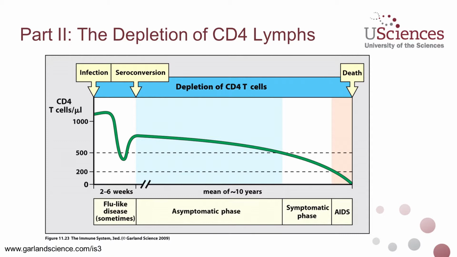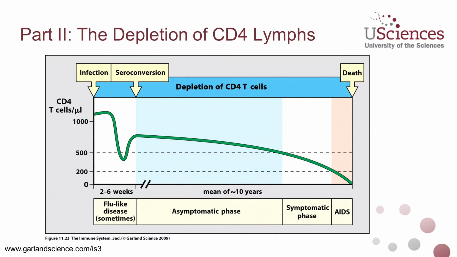And though it may never get to what it originally was, since this virus was not cleared, it is continuing, you do have plenty of helper lymphocytes to maintain a healthy immune response. And depending on the individual, this sort of status quo can continue for months to years, up to 10 years or more.